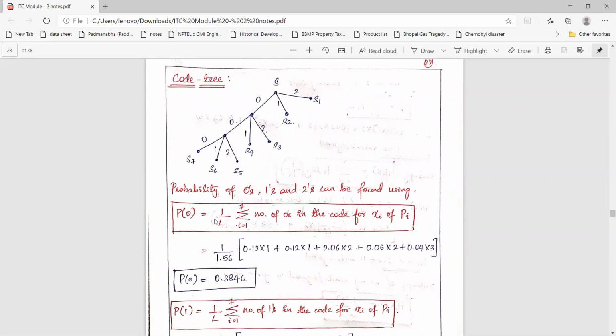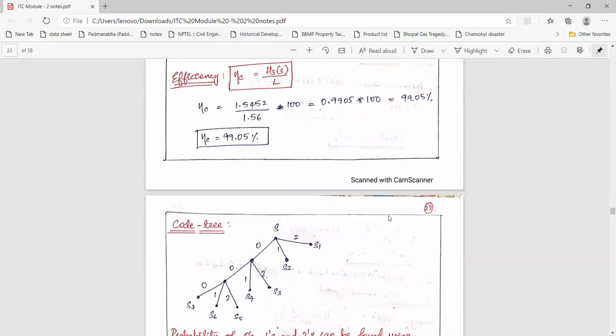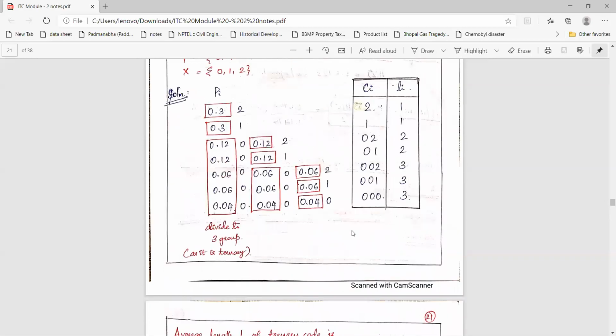P of 0 is equal to 1 by L into summation of i equal to 1 to 7, since there are 7 symbols, number of zeros in the code for Xi into Pi. So we are supposed to refer to this part. Okay, number of zeros we have to count.